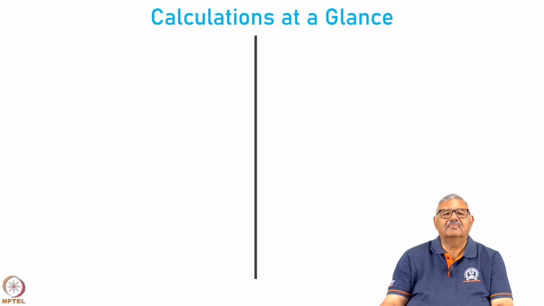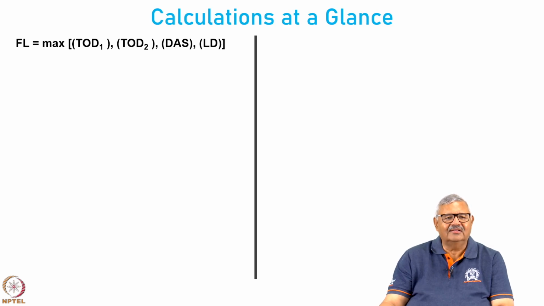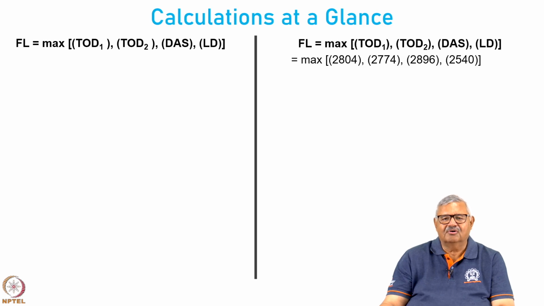So, let us sum up in one glance all the calculations. The field length was supposed to be the maximum of the takeoff distance from first and second consideration, the accelerated stop distance and the landing distance, the maximum of these. So, it was 2804 for TOD1, 2774 for TOD2, 2896 specified as DAS and 2540 as LD. So, therefore, the value is 2896 meters.